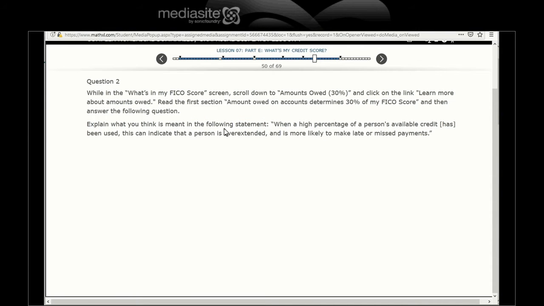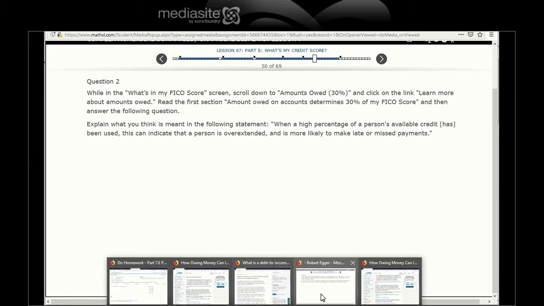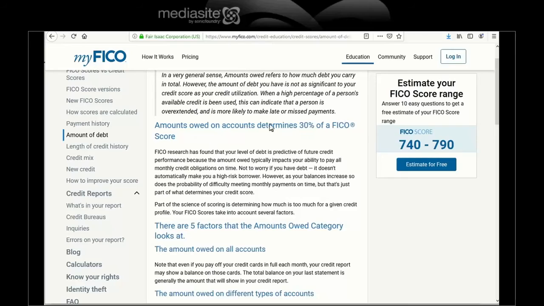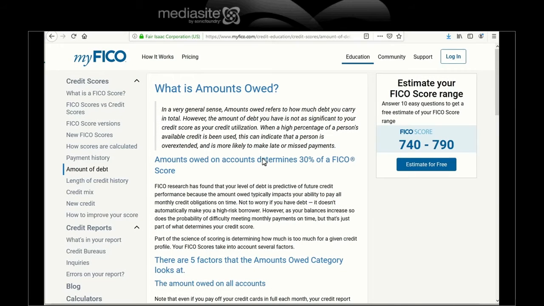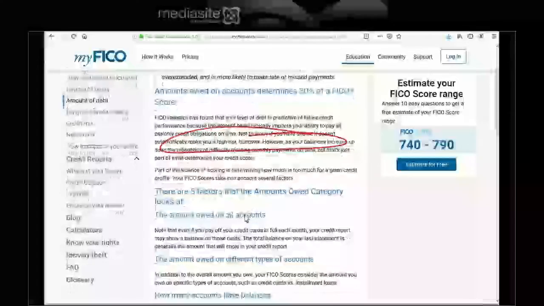Explain what you think is meant in the following statement: when a high percentage of a person's available credit has been used, this can indicate overextension and more likely to make late or missed payments. Oh, it says right here, FICO found the level of your debt is a predictor for future credit performance.